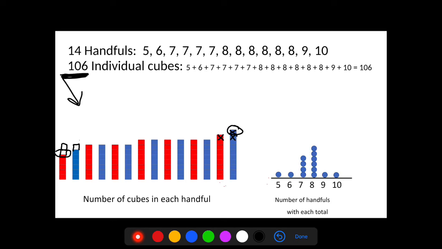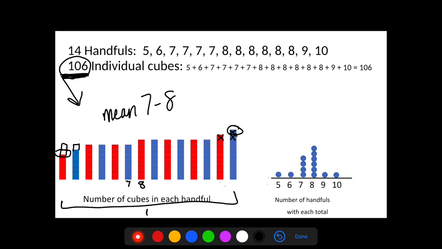So after I've leveled out, my towers either have 7 or 8 cubes in them, so I know that my mean will be between 7 and 8. And this works because I always have 106 individual cubes and 14 total handfuls, and I'm just redistributing the cubes.